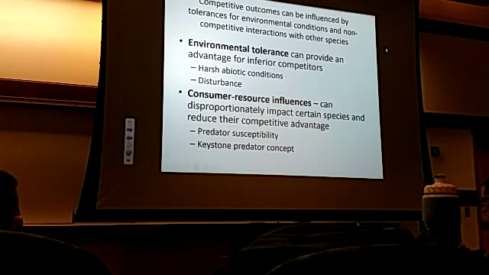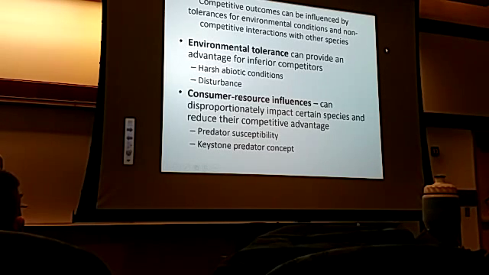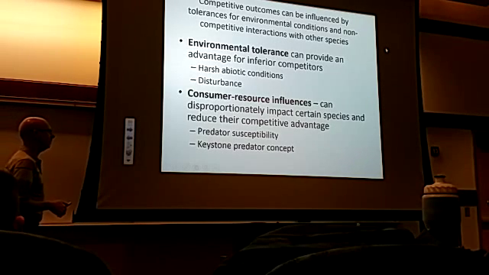Now something else that's more complex, but the concept's pretty simple, but the number of species involved makes it complex. Suppose you have a scenario where some species plays a really key role in understanding the interactions between competitors. Right? So let's just refer to this for now as a consumer resource influence.